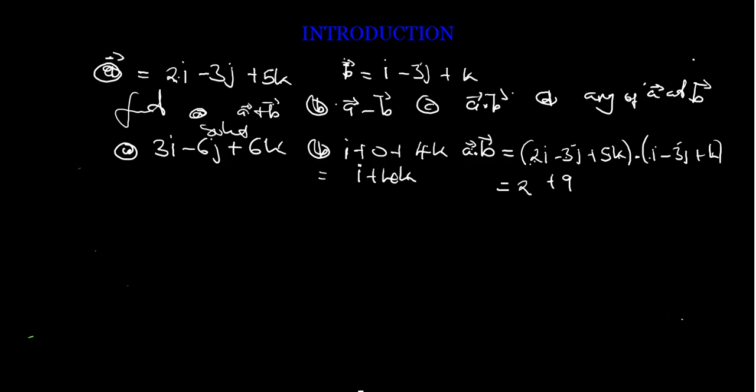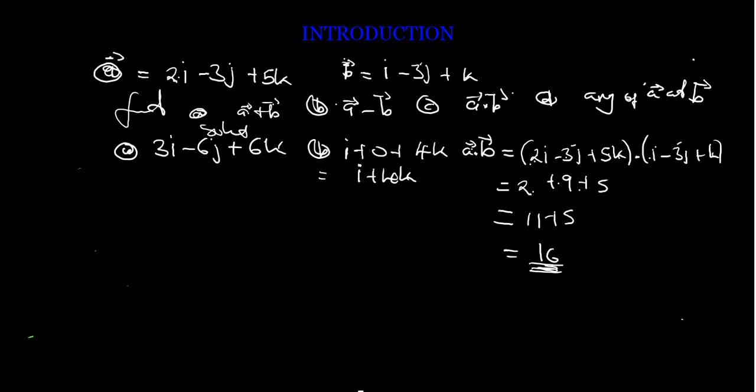Then 5 times 1, that is 5 still. So when you do that, this is 10, 11. So this is 11 plus 5, which is just 16, right? So this is your dot product. So to find now the angle between a and b, we use the same dot product rule.